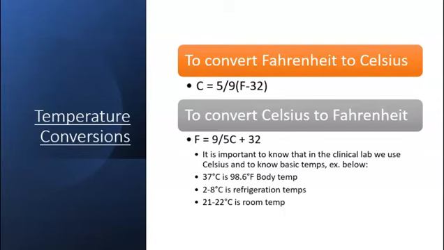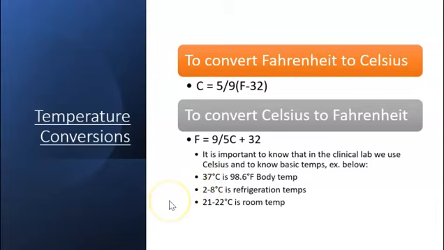This slide is showing you the different equations that you need to be able to convert Fahrenheit to Celsius and Celsius to Fahrenheit. We went over these in a previous lecture, so I'm not going to go into great detail about that, but there are some important temperatures that you need to know for the laboratory. 37 degrees Celsius is about 98.6 degrees Fahrenheit, and that is around body temperature.